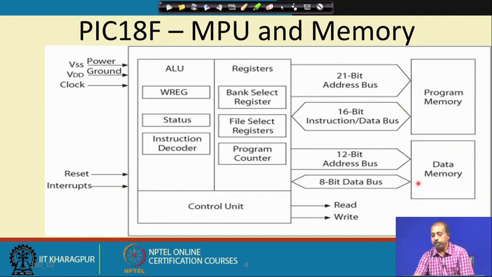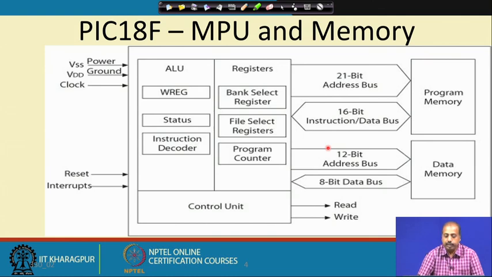For the data memory part, we have a 12 bit address bus and an 8 bit data bus. With a 12 bit address bus, you have 4 kilobytes of data memory, and every data location is 8 bit. The program bus and data bus are separate, and the address bus for the program memory and the address bus for data memory are separate.